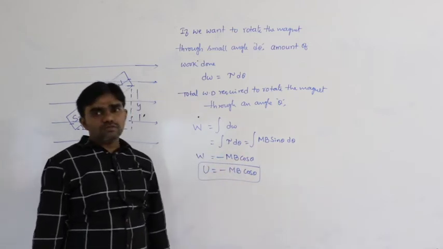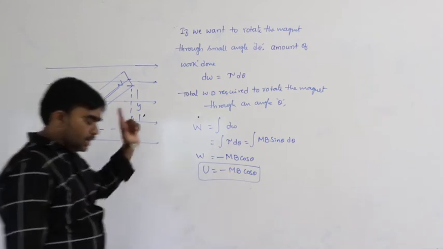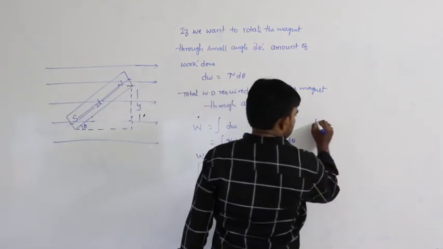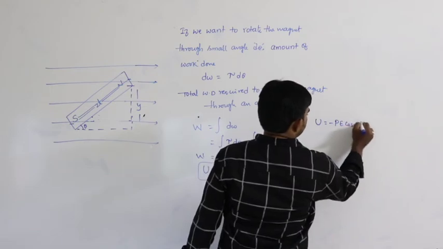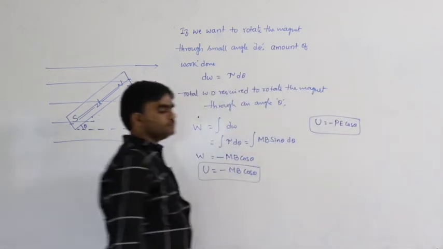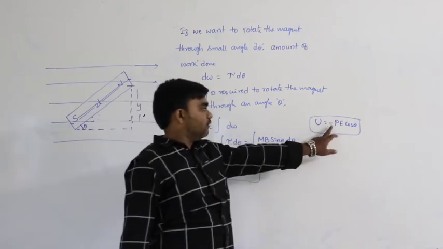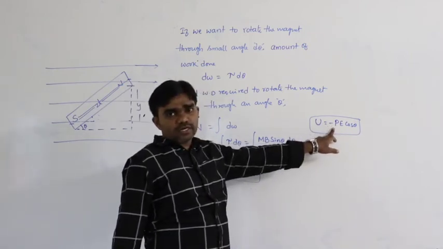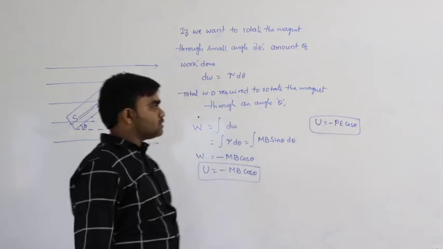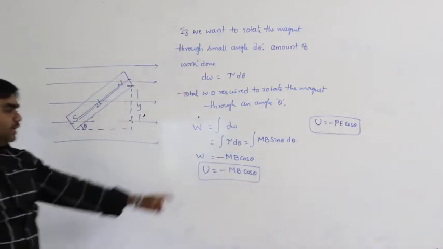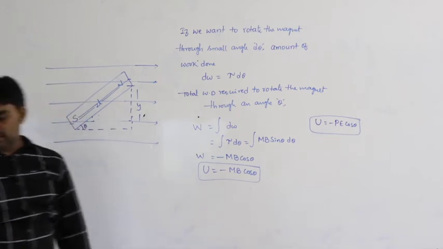Therefore U is equal to minus mB cos theta. In electrostatics, the energy stored in the dipole is minus pE cos theta. Same model. That is the work done required in electrostatics to rotate the dipole through an angle theta, minus pE cos theta, but here it is minus mB cos theta.